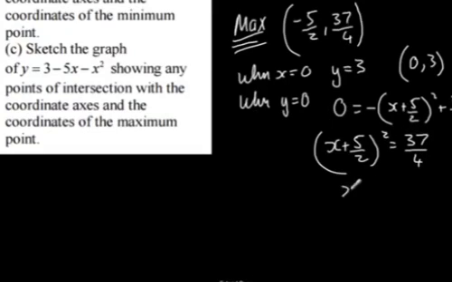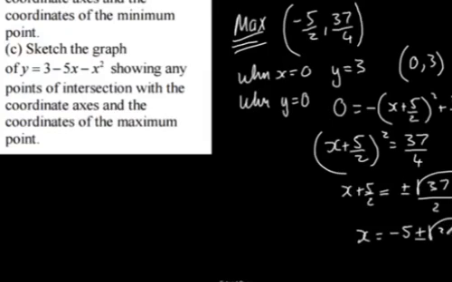Taking the square root of both sides, x plus 5 over 2 is equal to plus or minus the root of 37 over 2, as 37 is a prime number. So x is equal to negative 5 plus or minus root 37 over 2. So that's now given us our x coordinates.